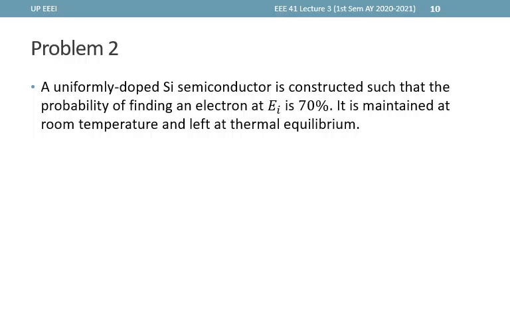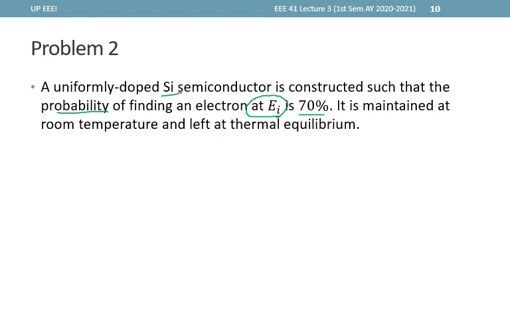Okay, problem 2. So for problem 2, we have a uniformly doped silicon semiconductor, which is constructed such that the probability of finding an electron at EI is 70%.